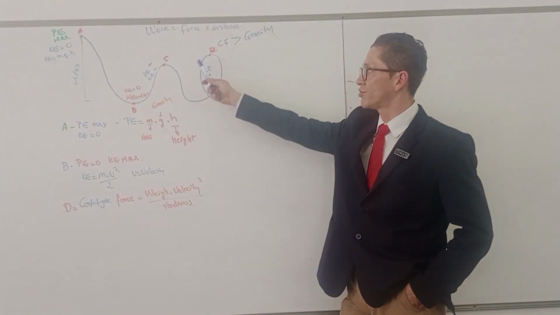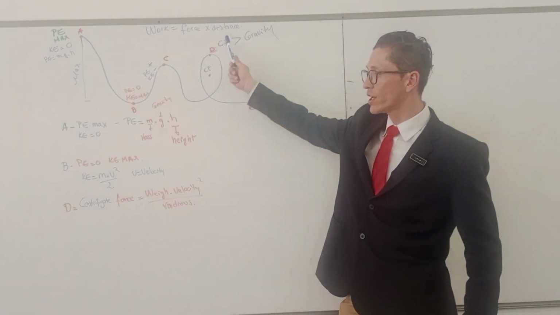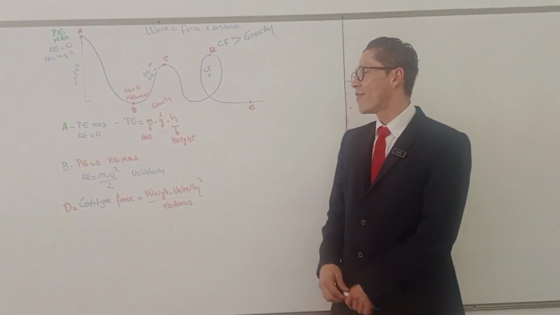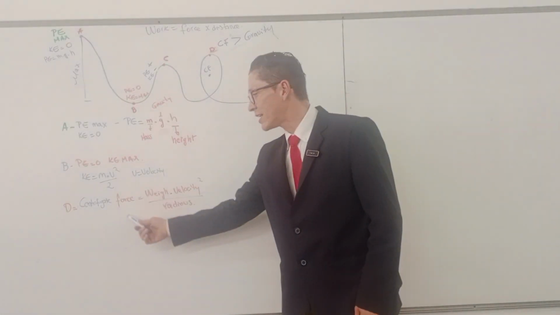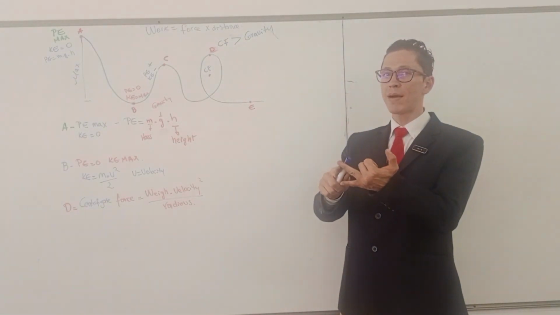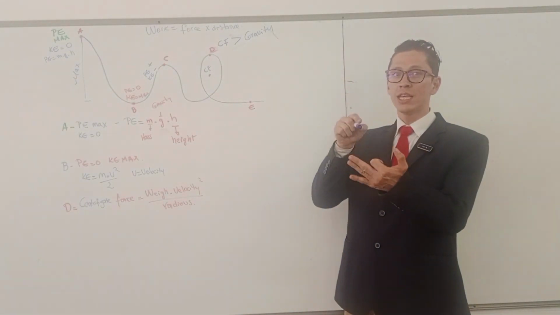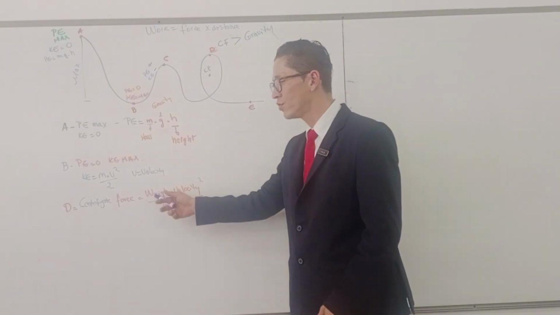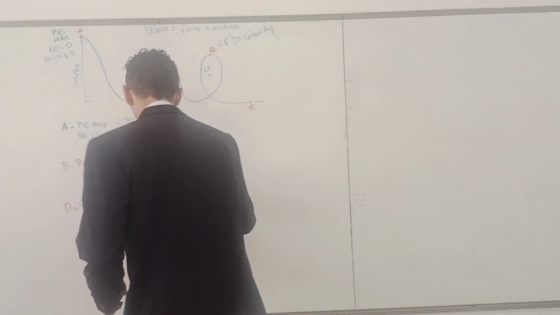That's why the centrifugal force must be higher than gravity, right? And this equation is pretty simple: weight multiplied by velocity divided by radius. Then that's all up to weight, right?